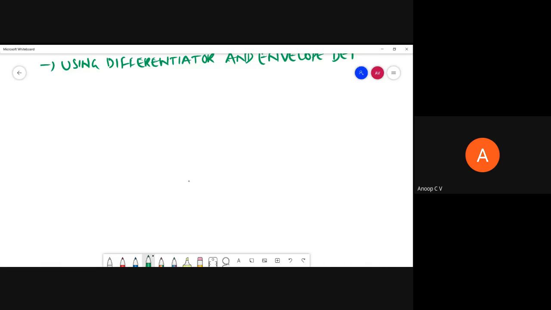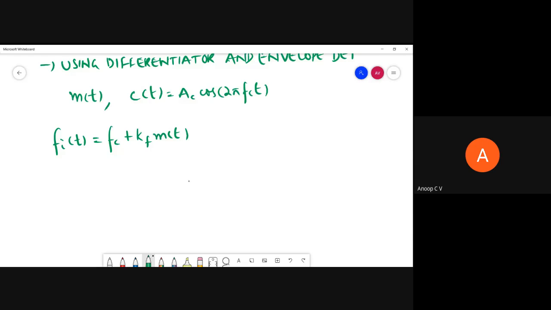In general FM modulation, if m(t) is the message signal and c(t) equal to Ac cos 2 pi fc t is the carrier signal, the instantaneous frequency of the modulated signal will vary as fc plus kf into m(t). Instantaneous frequency varies as a function of m(t). fc is the carrier frequency, m(t) is the message signal, and kf, can anyone tell me what this kf is? It is frequency sensitivity.